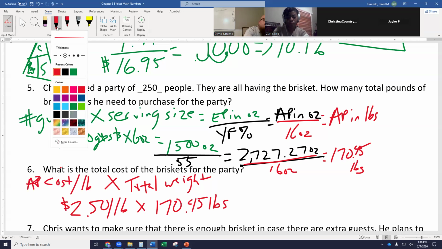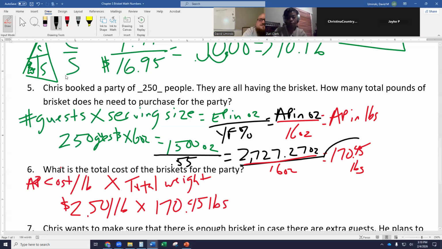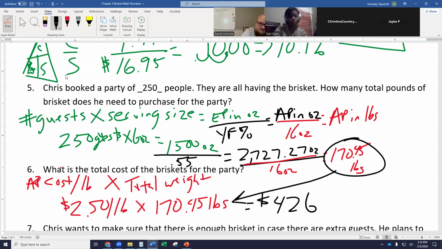If you want, in your notes, circle this 170 and draw an arrow to it, so it reminds you that's where we get the total weight. So my brisket is going to cost me $426.13. Okay.